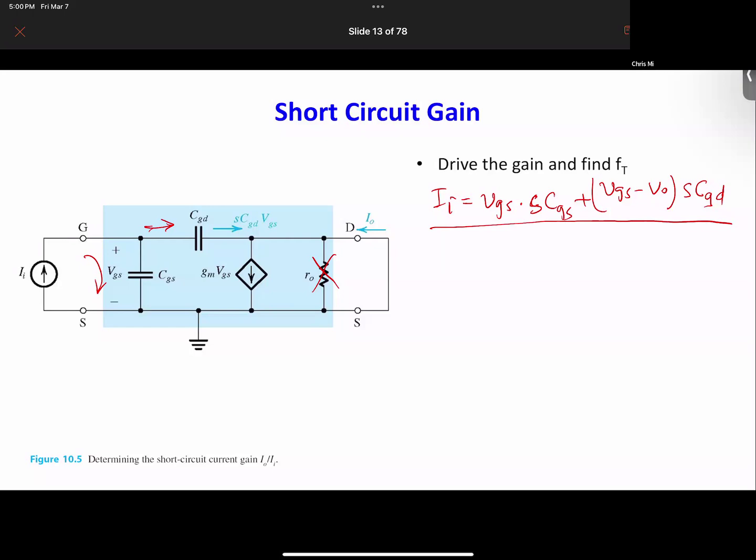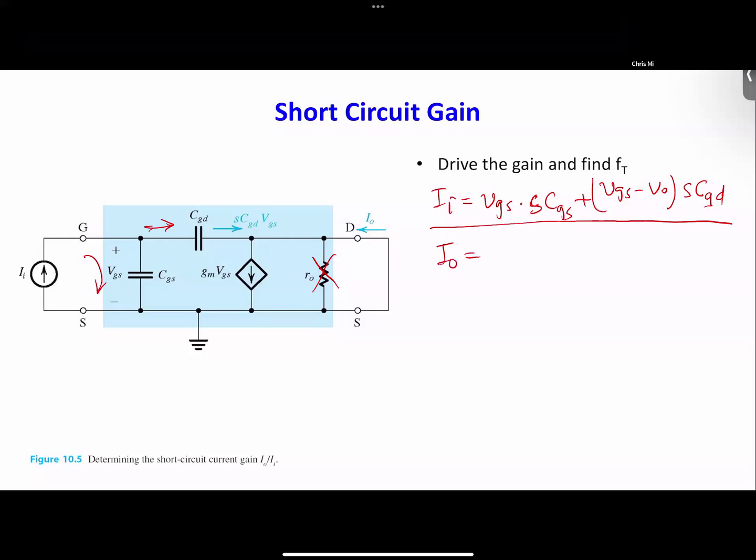Okay, now we write the current on this side. You can see IO is equal to the current this way and the current this way. So we have gm times VGS plus (VO minus VGS) times sCGD.